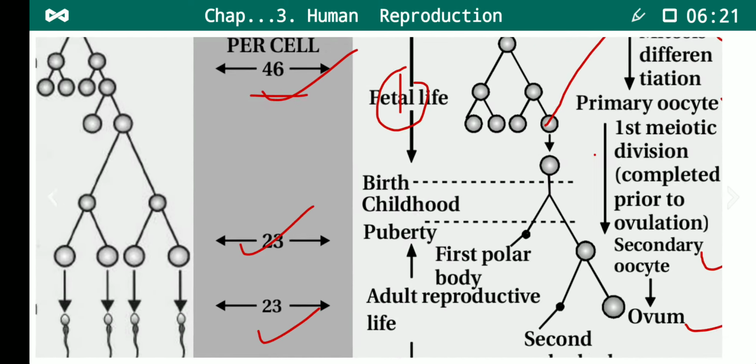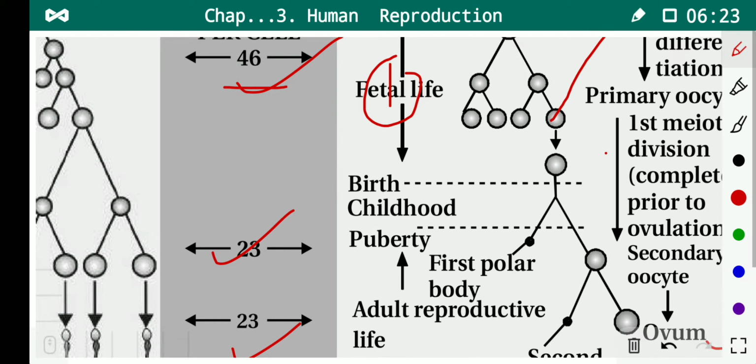This is the second phase. There is no division at all, only synthesis of protoplasm, replication of chromosomes, protein synthesis, and other components of the cytoplasm are synthesized here.